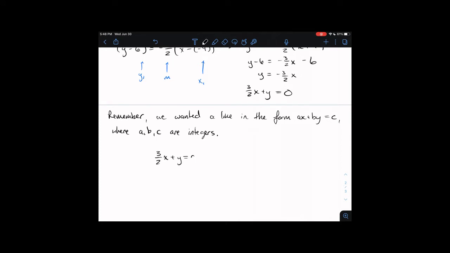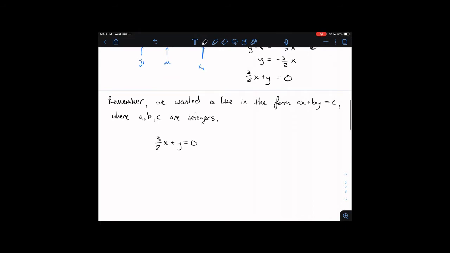So I have this, 3 halves x plus y equals 0. This is not an integer. So I'm going to multiply each side by 2.